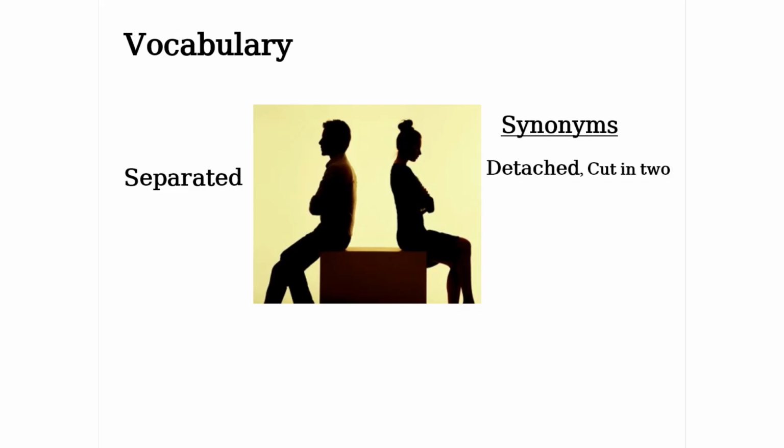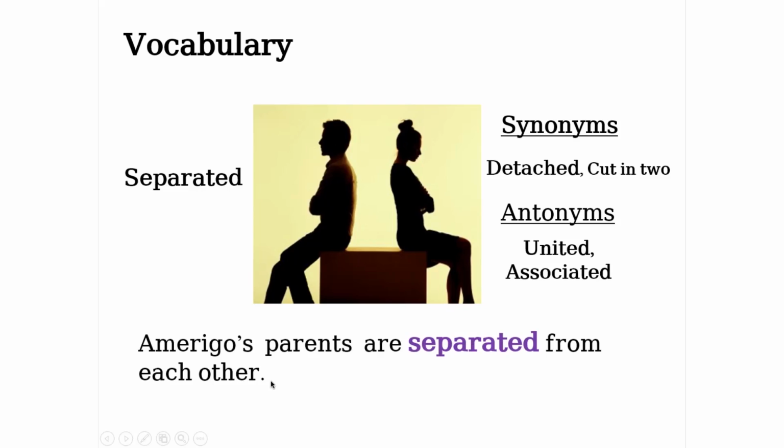Separated means detached or cut into two. But the antonyms of this word separated are united or associated. That means staying together. Okay, let's see an example. Amerigo's parents are separated from each other.